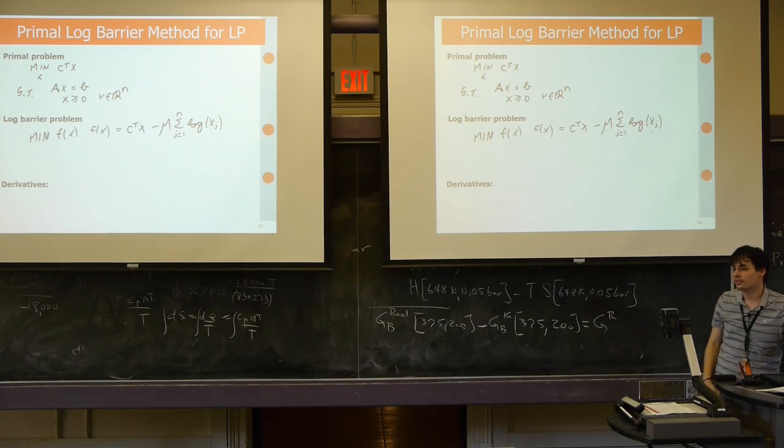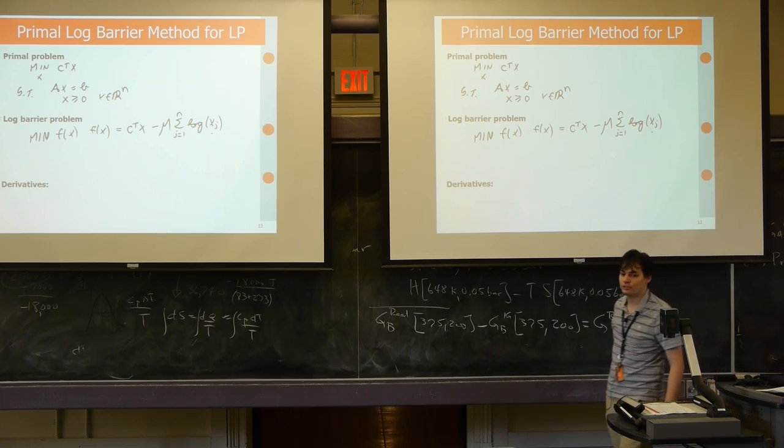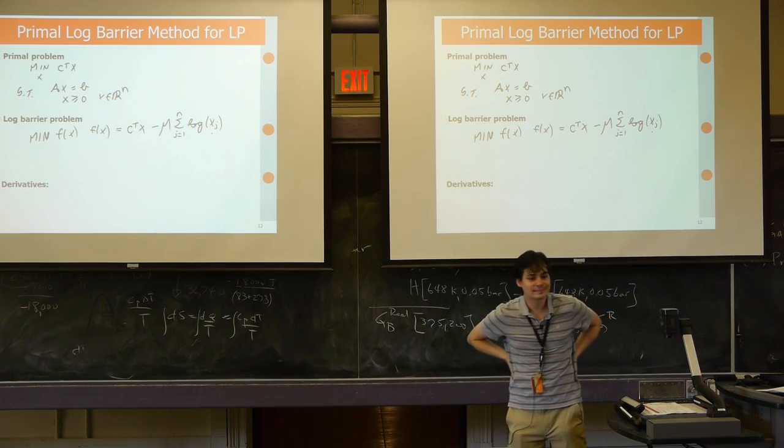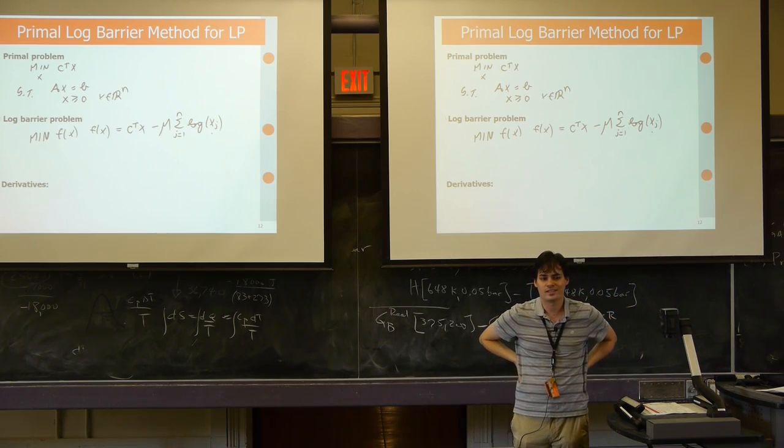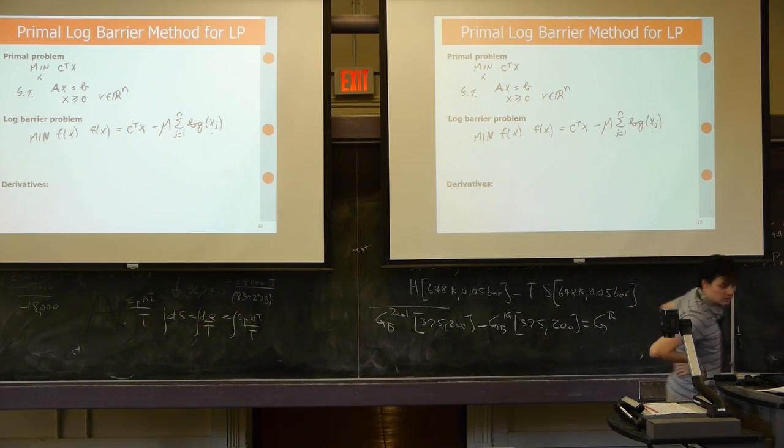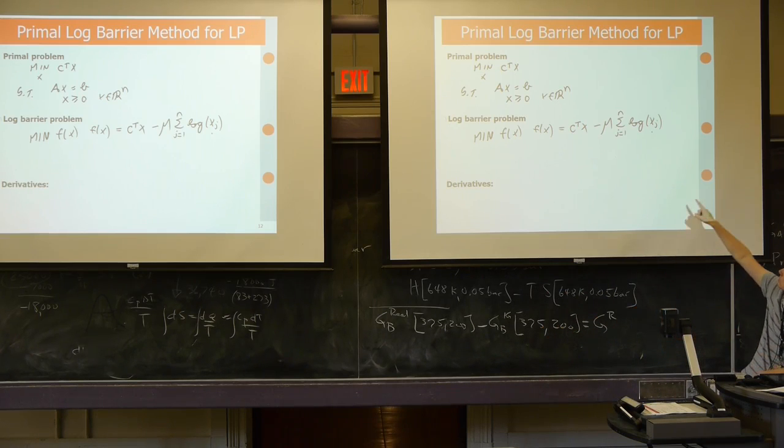And that's the thing with barrier functions: if you have an equality constraint, you might not use a barrier function for that term. So we just leave it there. We just use the barrier function for x, okay? So we want to minimize this f of x subject to Ax equals b.